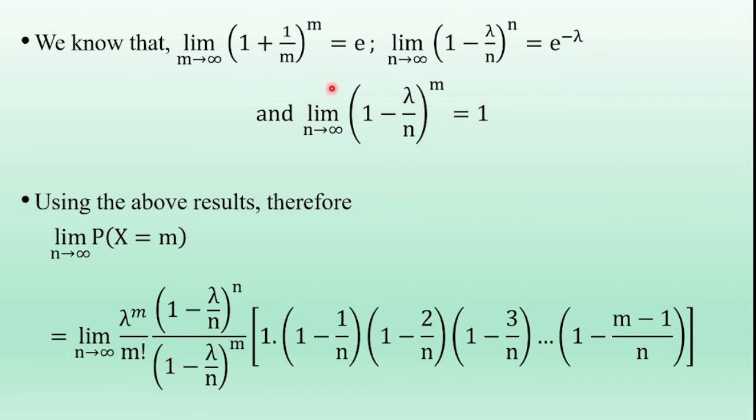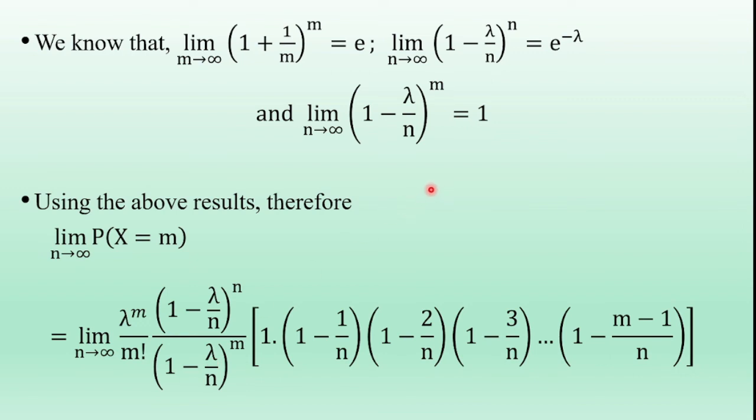Using these conditions, when applying the limit value, limit n tends to infinity (1 minus lambda by n) whole to the power of n is e power minus lambda, and limit n tends to infinity (1 minus lambda by n) whole to the power of m is 1.